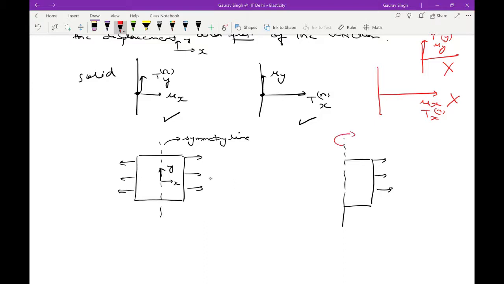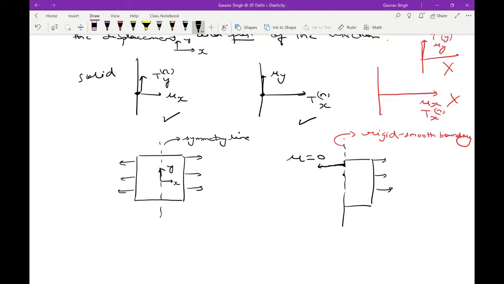This symmetry line can be considered, since you are only considering half of it, a rigid smooth boundary, and we'll see the meaning of this statement. On this particular boundary, because of the symmetry of this problem, it is not expected that any point on this boundary will have a displacement in the x direction.